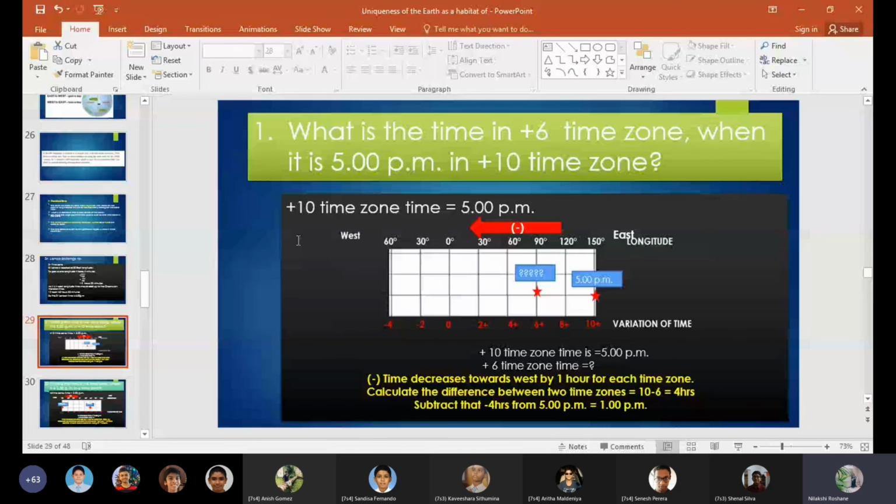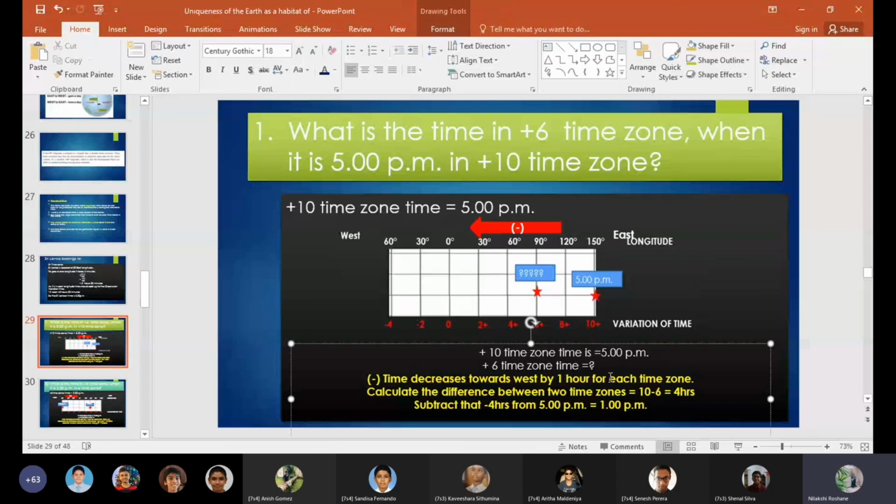From east to west you are traveling, so the time decreases. First write the plus 10 time zone, time is 5 p.m. We have to find the plus 6 time zone. Time decreases toward west by 1 hour for each time zone.